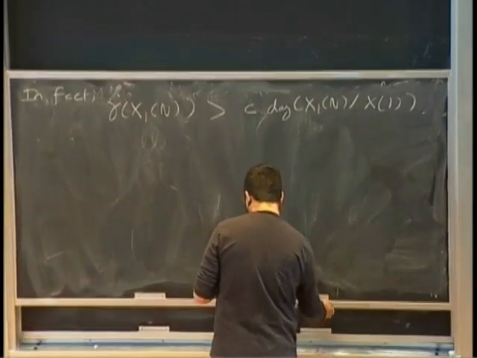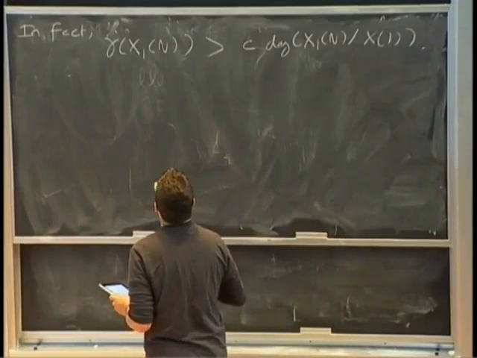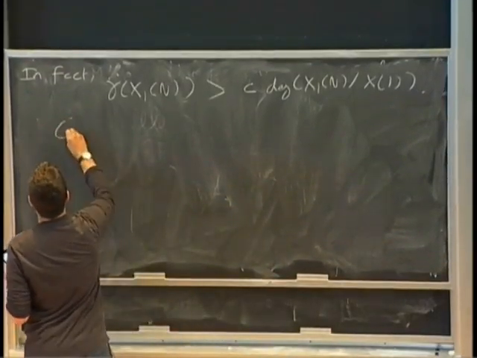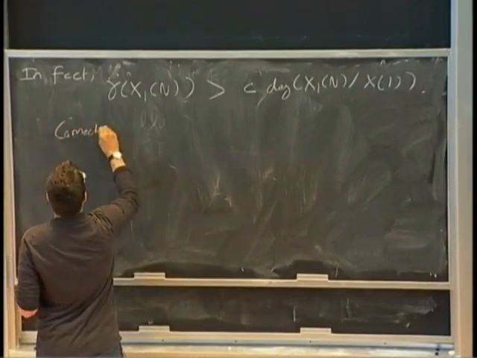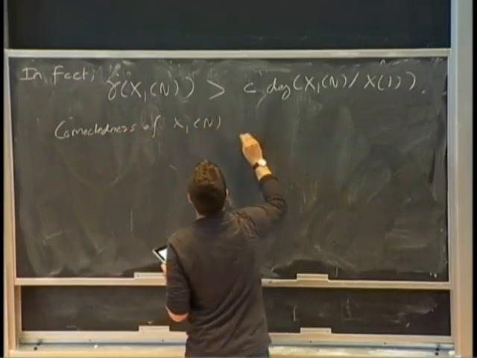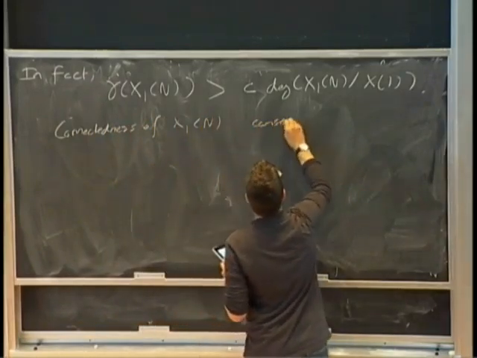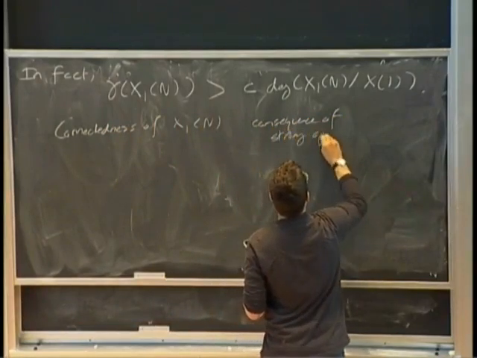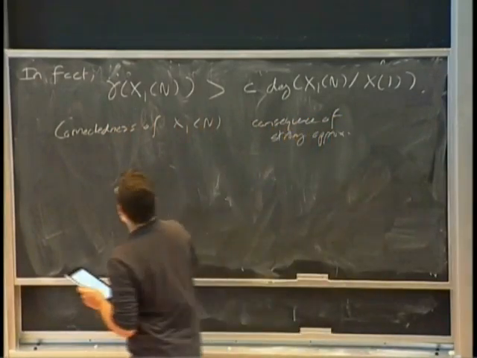So in some sense, you should think of, as I just said in words, connectedness of x1 of n as a consequence, a rather weak one, of strong approximation, as I just explained.